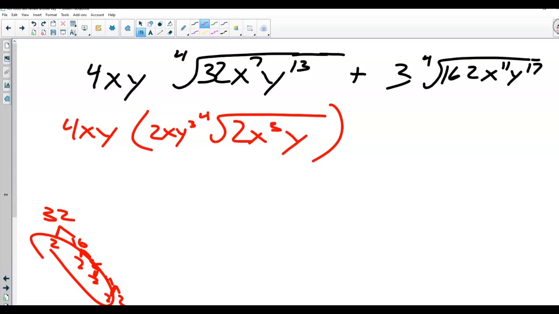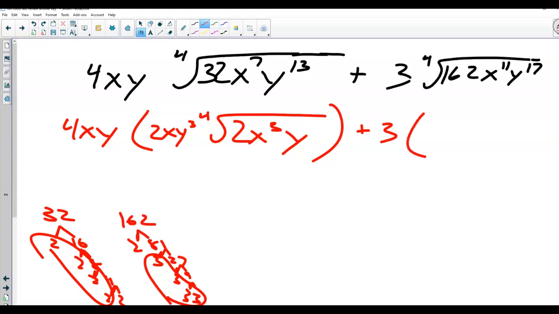Now I'm going to simplify the 162. 2 and 81. 3 and 27. 3 and 9. 3 and 3. 3, 4th root 2. 11 divided by 4. 2, remainder 3. 17 divided by 4. 4, remainder 1.